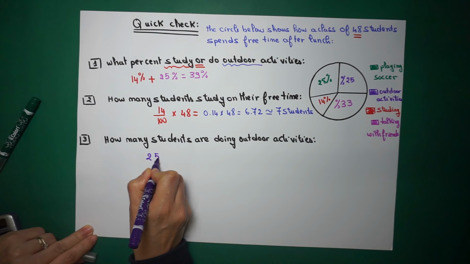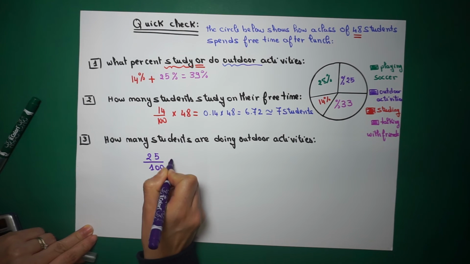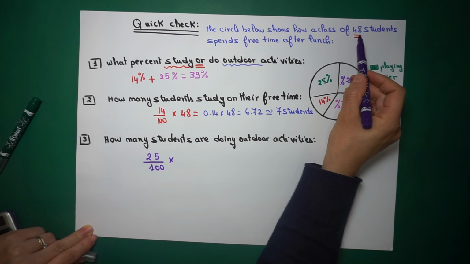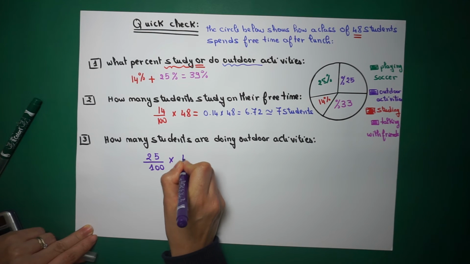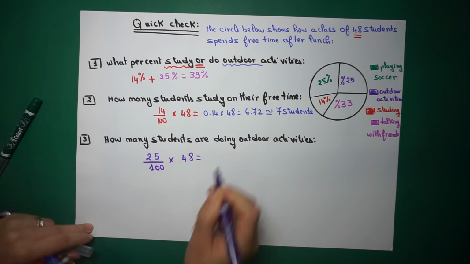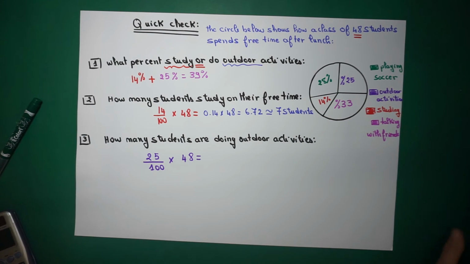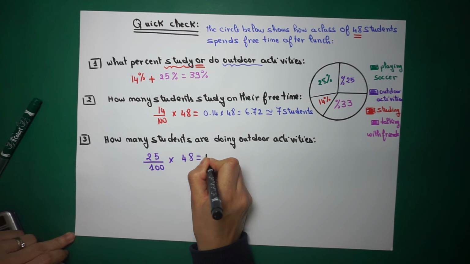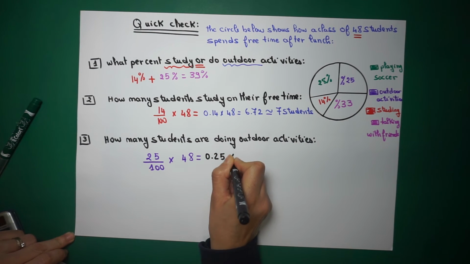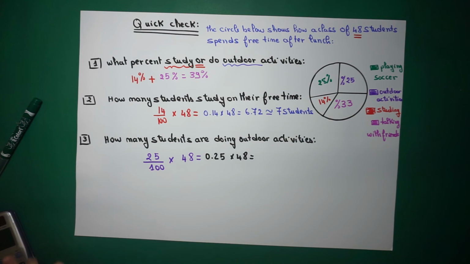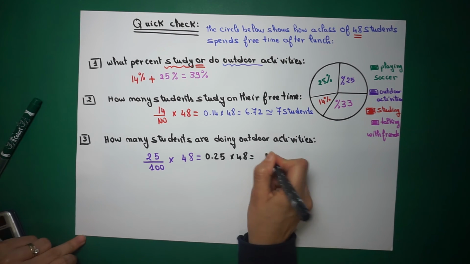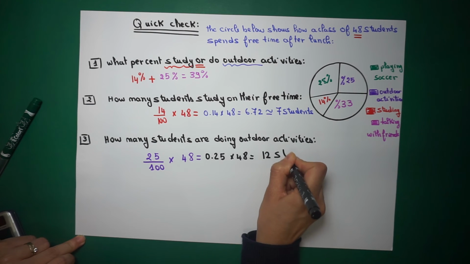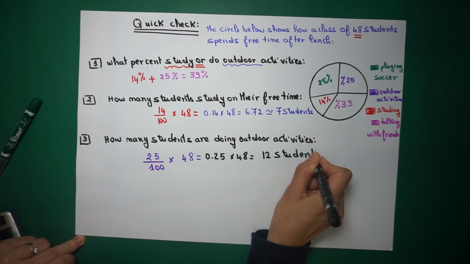So I'm gonna take 25 over 100 and I'm gonna multiply it as usual by the total number of students, which is 48. And the answer will be 0.25 times 48, and it will be exactly 12 students.